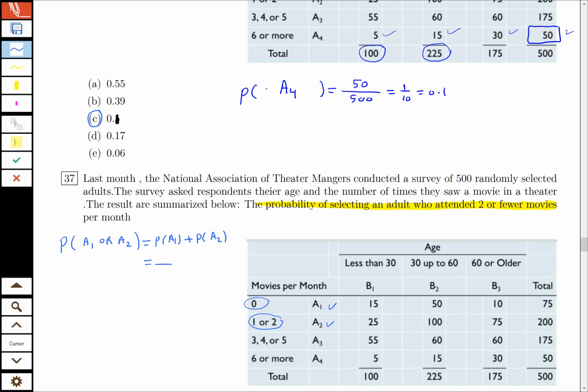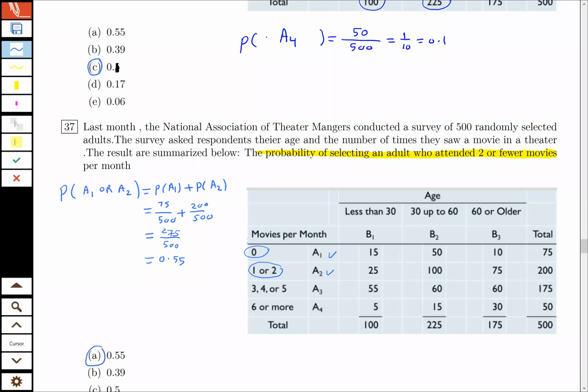A1 has 75 over 500, and A2 is 200 over 500. So the answer will be 275 over 500, which is equal to 0.55.